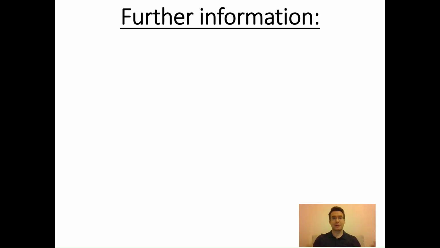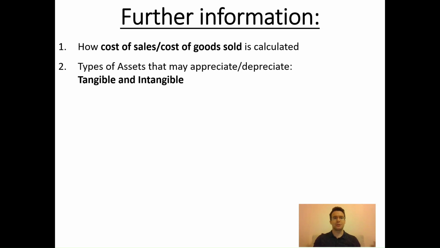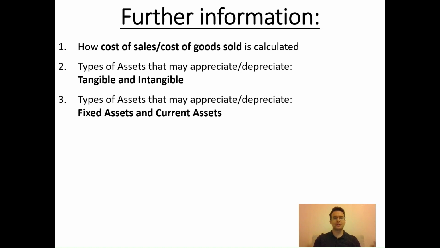There are a number of other things that you'll need to be aware of when it comes to statement of comprehensive income statements. They are as follows. Number 1, how cost of sales and cost of goods sold is calculated. We've covered it briefly in this video already. Number 2, the types of assets that may appreciate or depreciate. I alluded to it earlier, tangible and intangible assets. Number 3, the difference between fixed assets and current assets.